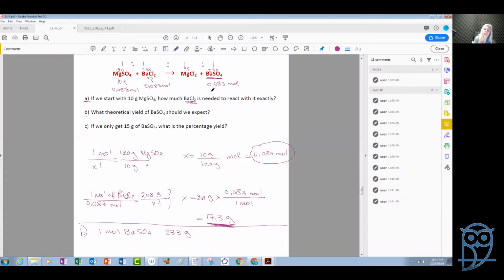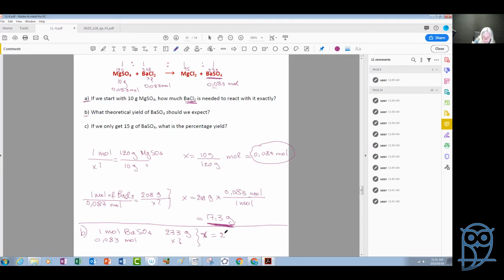In our case we have 0.083 moles of barium sulfate. How many grams is that? That would give us the theoretical yield of barium sulfate that we should expect in theory.